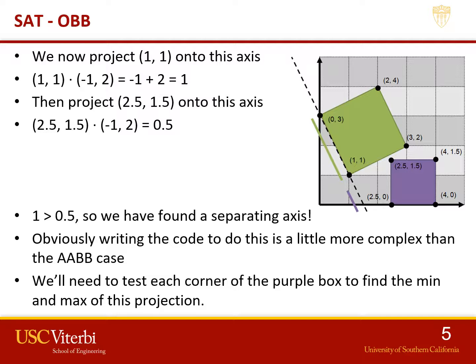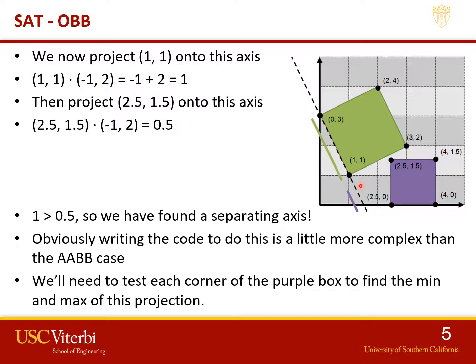So let's take this point here, this point of our green shape, and project it onto that axis. That is this, 1, 1 dot with the axis, which is -1, 2, equals 1. Okay, we found 1. And we would also project this point on there, and we would get something greater than 1. So we find that the minimum here is 1, and then we'll have a maximum up here, whatever that is.